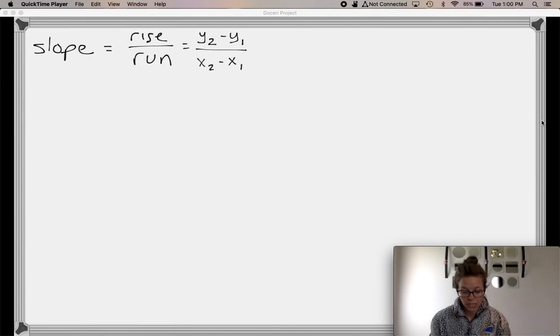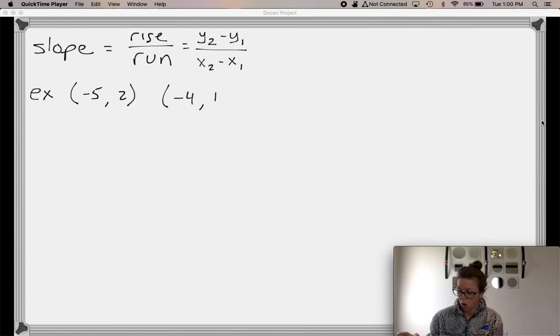As long as you're consistent, it doesn't really matter which one is first and which is second, because when we are given a problem, for example, 2 points, -5, 2, and -4, 1, and we want to find the slope between them, we start by naming one of the points point number 1, and the other point number 2.